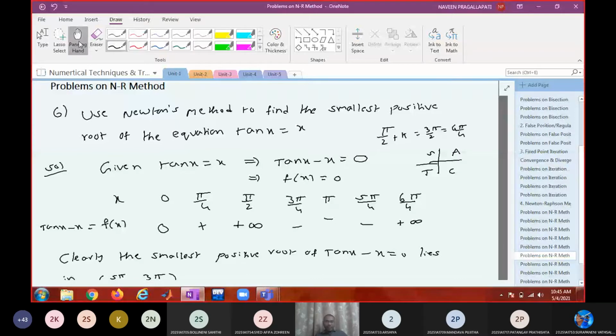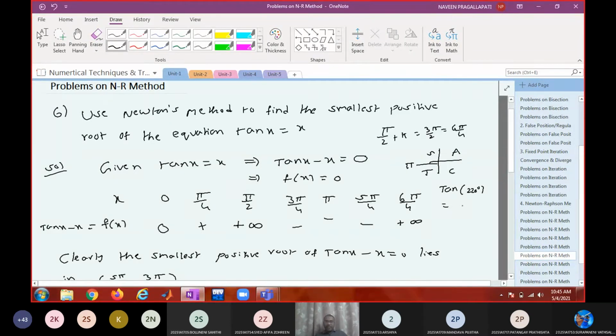That is 225 degrees. So when your angle is reaching 6 pi by 4, your values are going to be plus infinity again. What is 225 degrees? 180 plus 45. Okay, 180 means pi. Let us say tan 220 degrees means what?